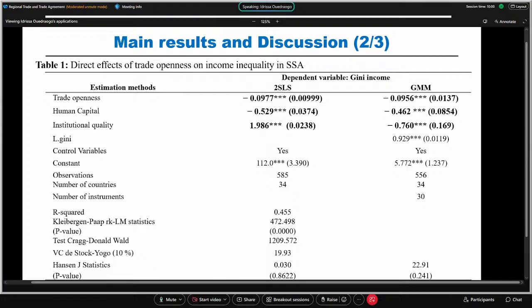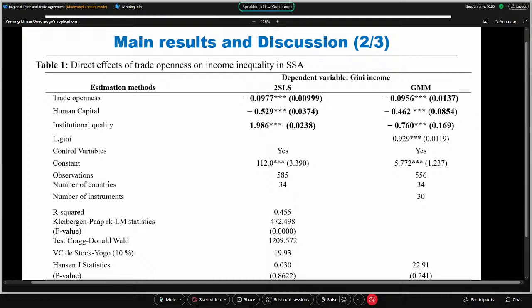In conclusion, this research analyzed the effects of trade openness on income inequality in 39 sub-Saharan African countries over the period 2002 to 2022. And we use the 2SLS and the GMM system. The results show that trade openness reduces income inequality in sub-Saharan Africa.